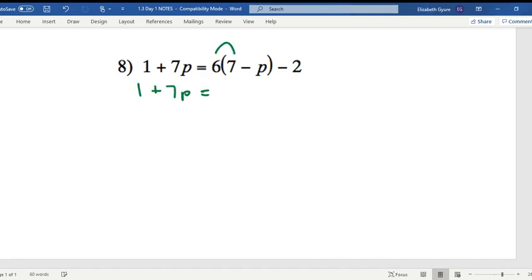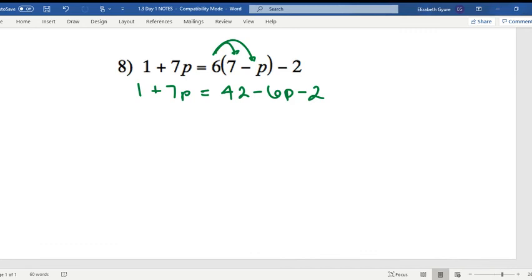And I need to distribute the 6. What's 6 times 7, Jake? 42. Then I got to distribute it to the negative p. Jake, what's 6 times negative p? Yep, negative 6p. And then just drop down your other 2. Good.